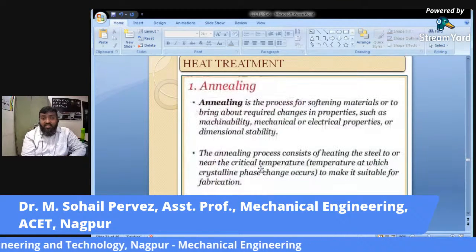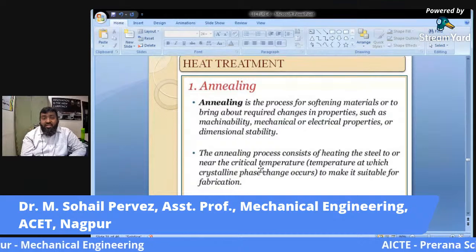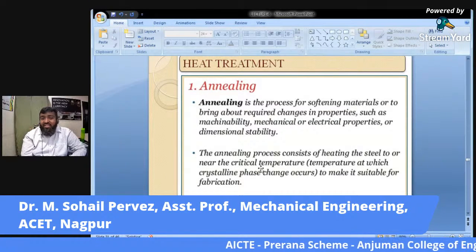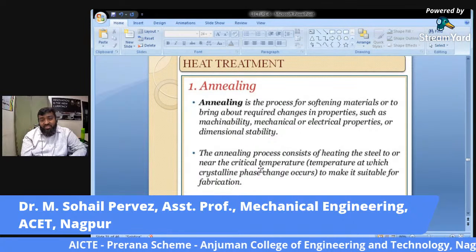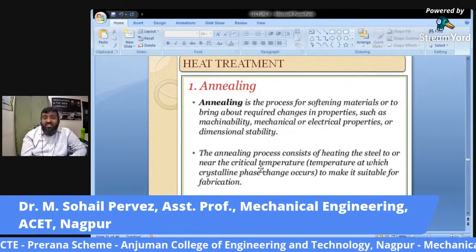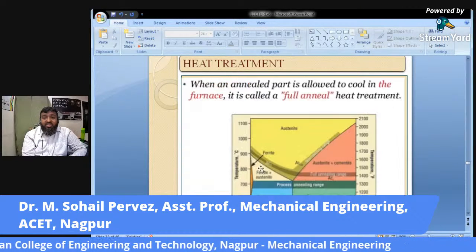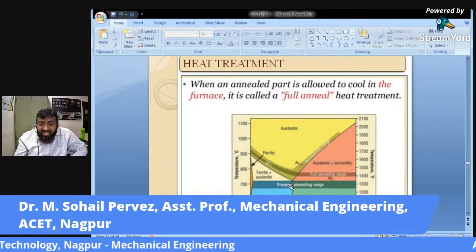So annealing is the process of basically softening the material or to bring about the required changes in properties. So how is annealing done? Heating the steel near the critical temperature where the crystalline phase change occurs, to make it suitable for fabrication. So this is the annealing range.